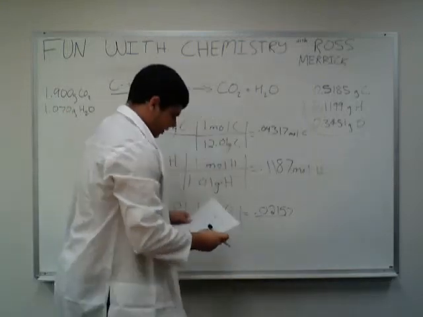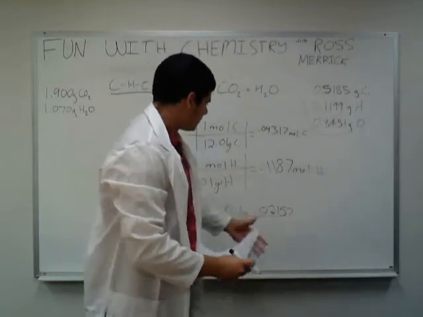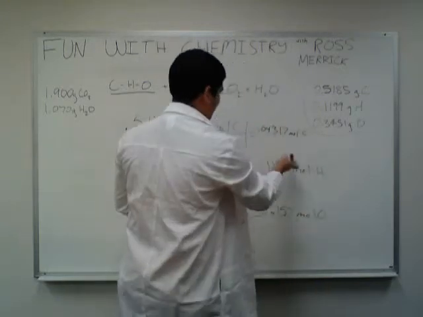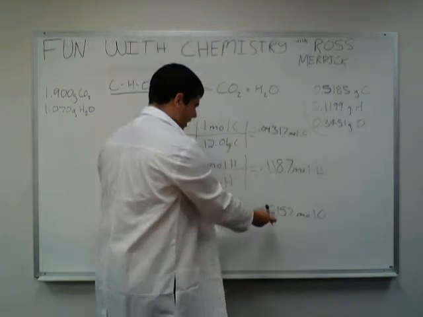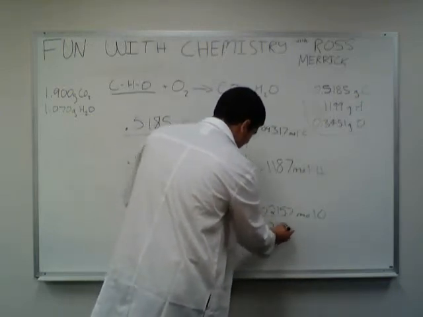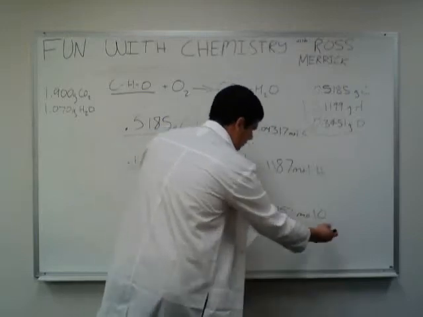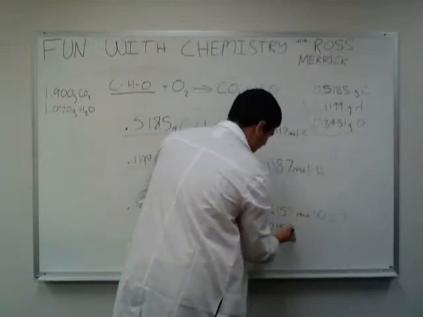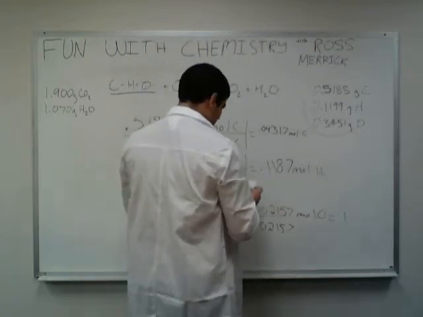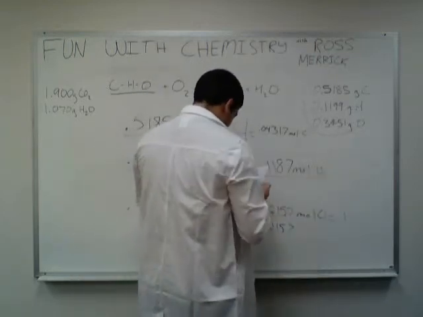Next, to find our ratio, we divide by the smallest number of moles. Oxygen is our lowest one, so we'll be dividing it by itself, and that's going to give us a ratio of 1. So currently we know that there's at least one oxygen in this ratio.